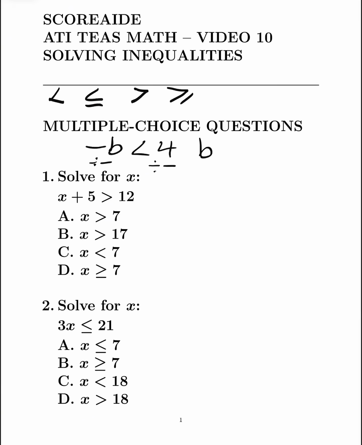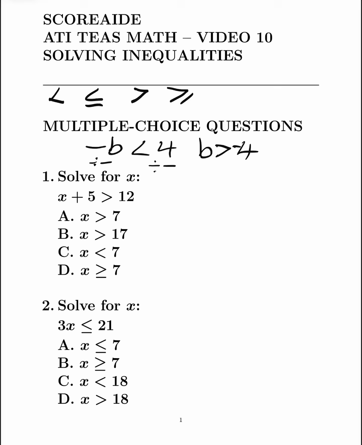So it will now be b is greater than negative 4. This is one of the things students miss during their TEAS exam. When you divide and don't invert the inequality sign, you end up taking the wrong answer. You have to always invert when you divide an inequality by a negative.